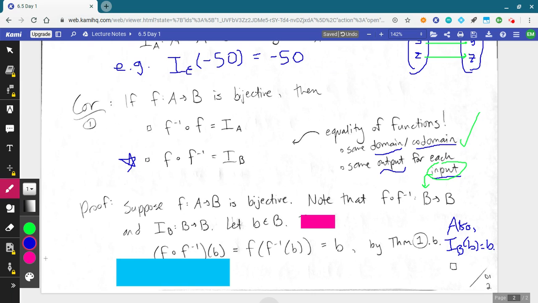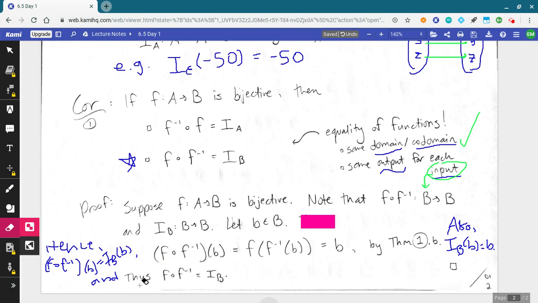Therefore, or hence, that uses fewer letters, f composed with f inverse of b equals the identity evaluated at b.